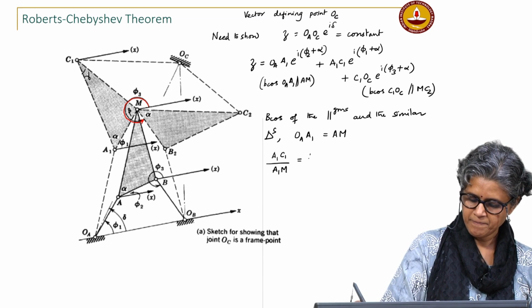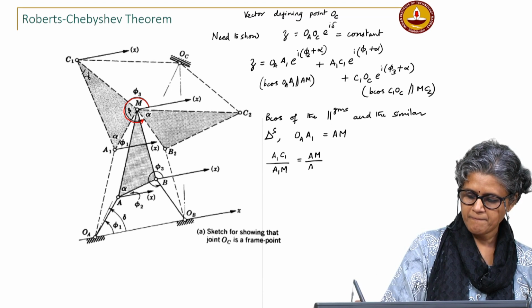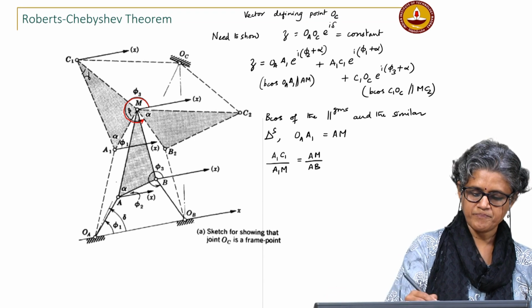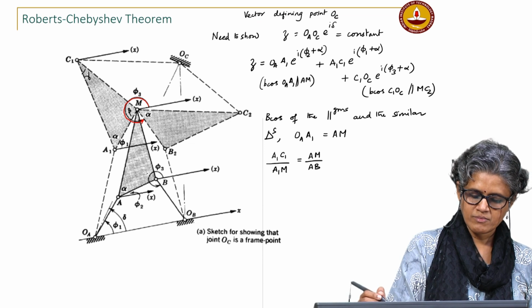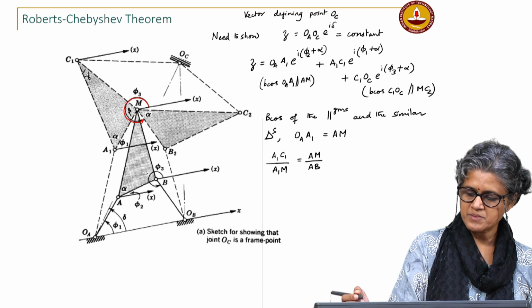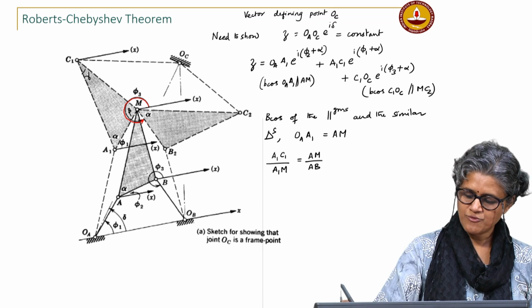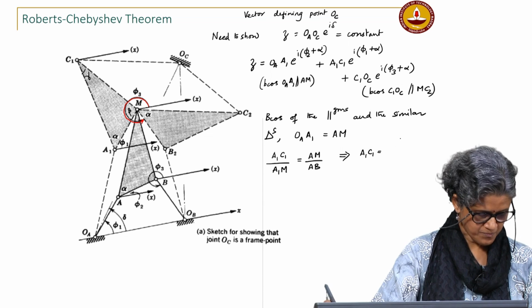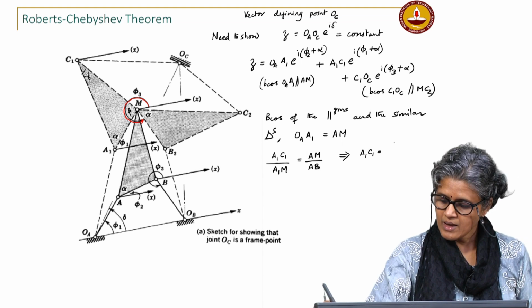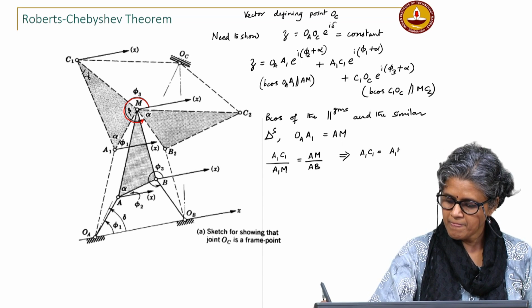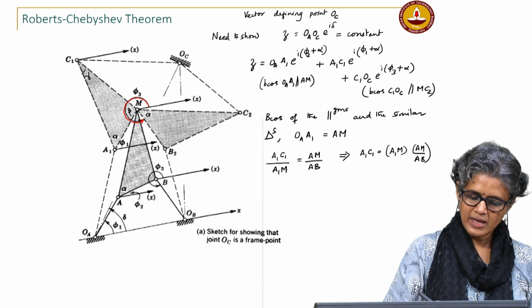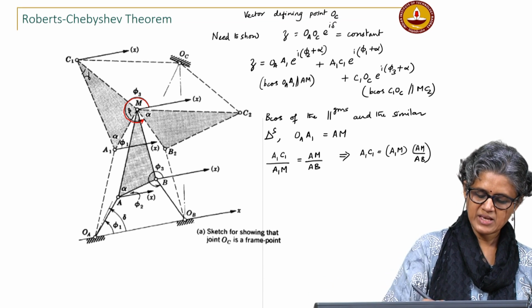AM by AB in terms of the original triangle, because they are similar triangles. Therefore, A1 C1 equal to A1M into AM by AB.